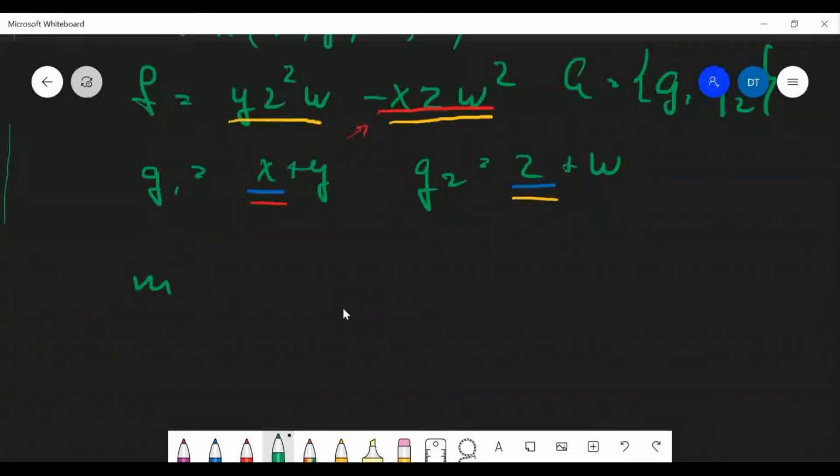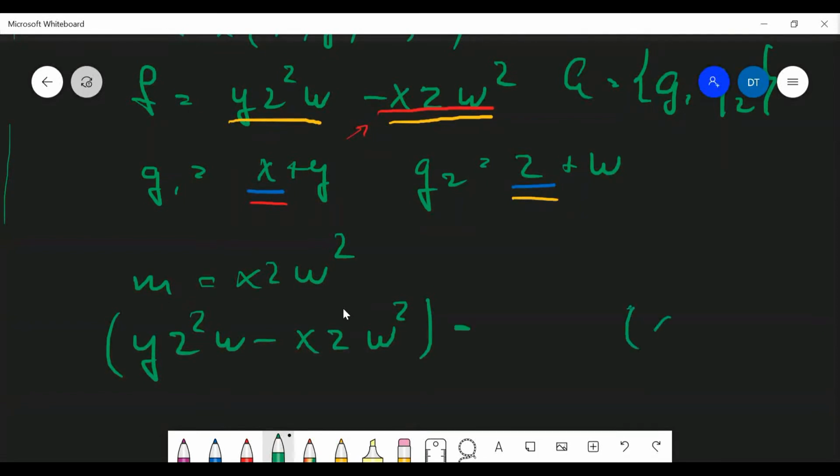I want to reduce the monomial xzw squared. So what should you do? You take yz squared w minus xzw squared. This is your f, and you want to subtract G1, which is x plus y, multiplied by something in such a way that you cancel this term. As you can see, you need to multiply by zw squared and also by -1.